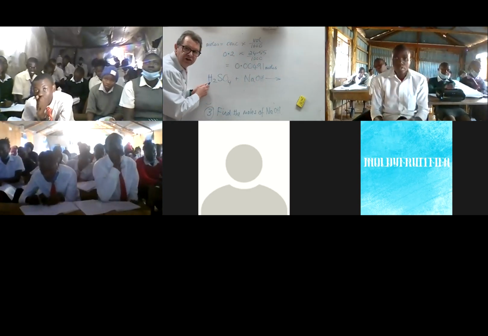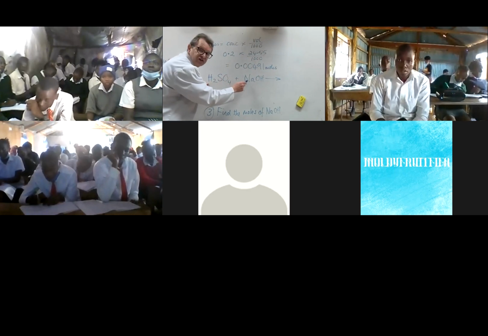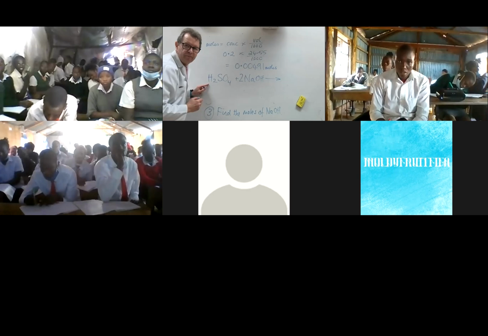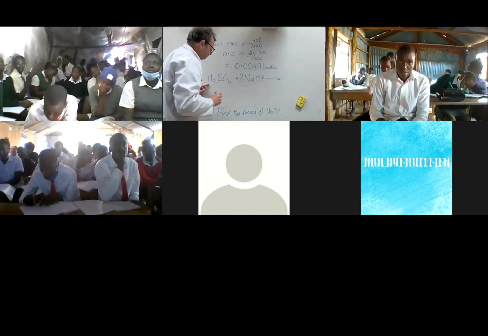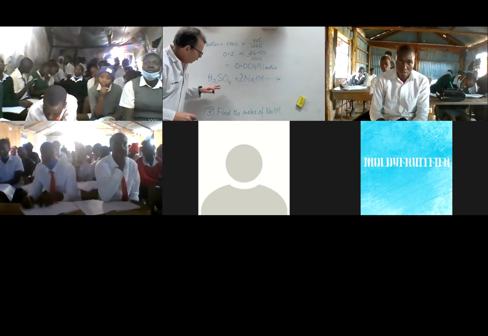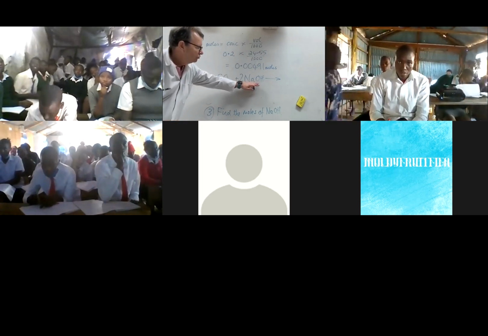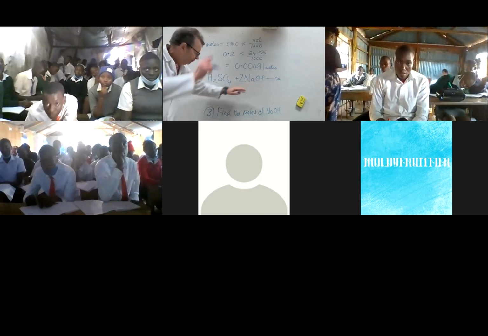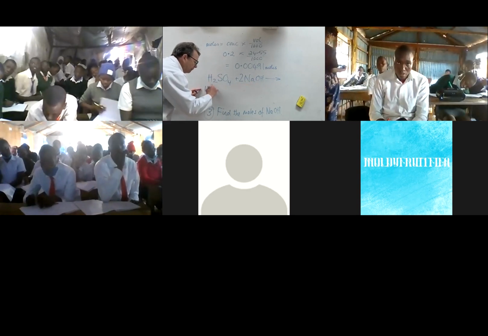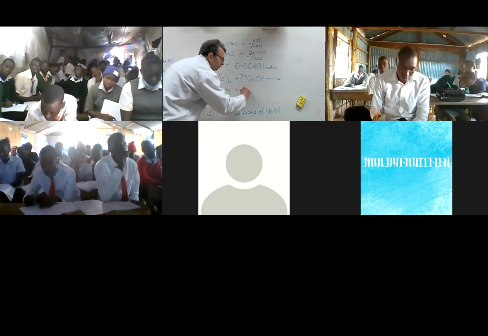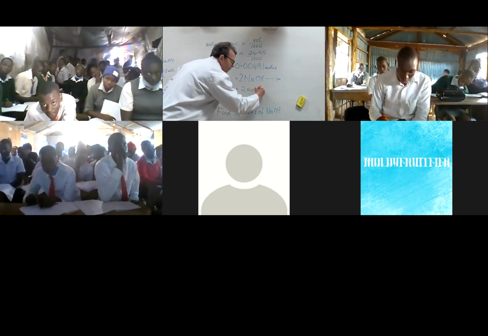I have 2 hydrogens here, so I need 2 sodiums here. So it is 2 NaOH. So 1 H2SO4 reacts with 2 NaOH. So 1 molecule reacts with 2 molecules.